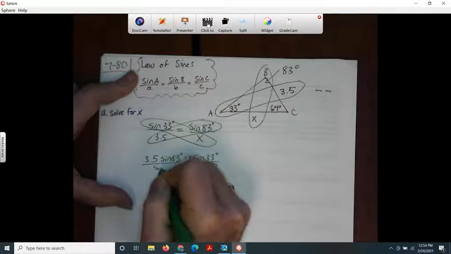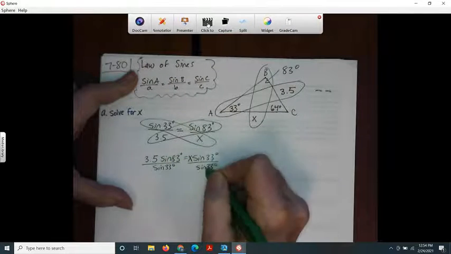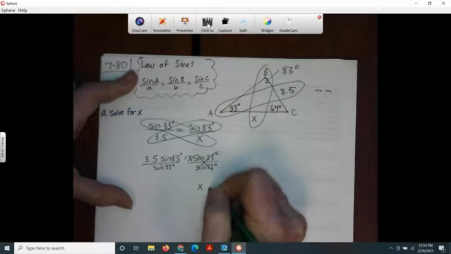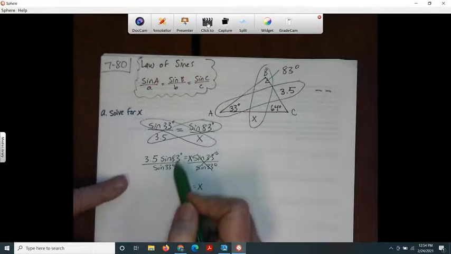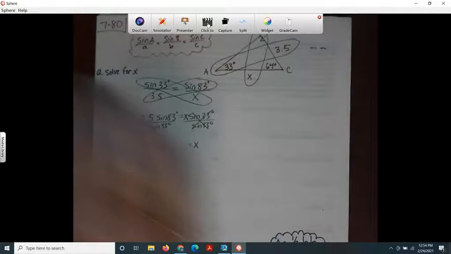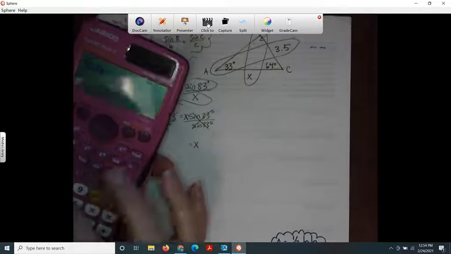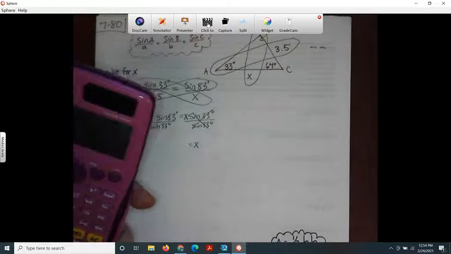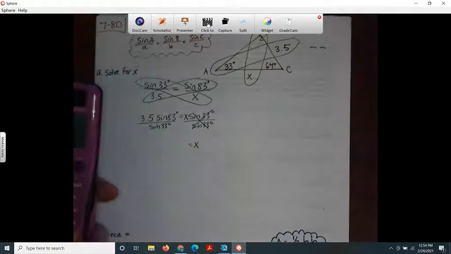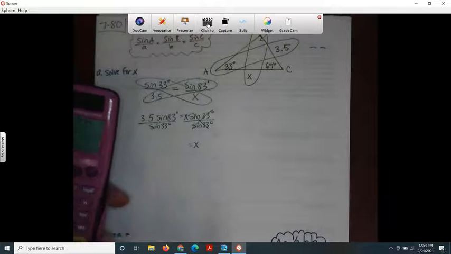So x is equal to whatever this mess looks like when I get it into my calculator. So I'll just get my calculator, and I'll just go 3.5 times sine of 83. And then I'm going to divide that by sine of 33.